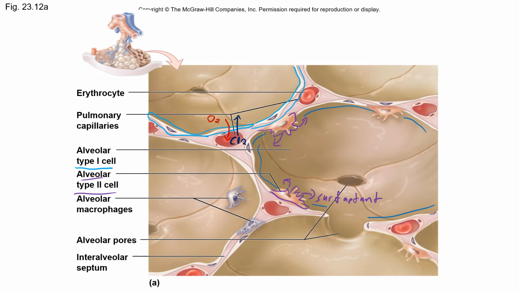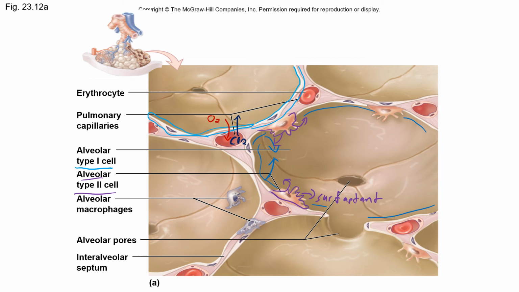Well, water has a property called surface tension, which means that if two droplets of water are relatively close to each other on a surface, they're going to be attracted to each other to try to minimize the surface area of water that's exposed to the air. That's why if you watch raindrops falling on a window, they keep coming together to make bigger and bigger raindrops. Well, the same thing would happen here. This water would be attracted to this water, and that would tend to collapse your lung.